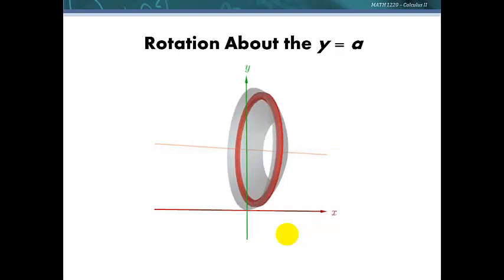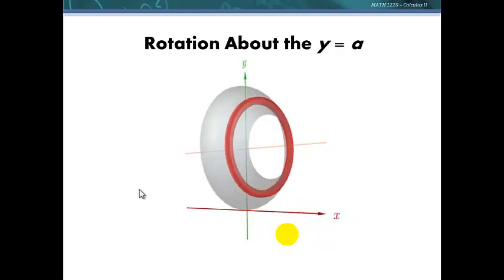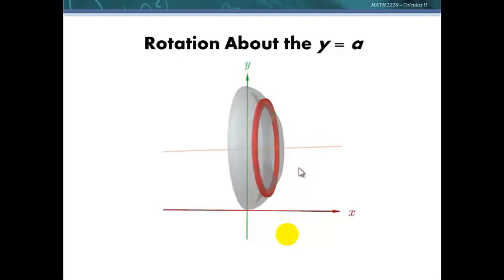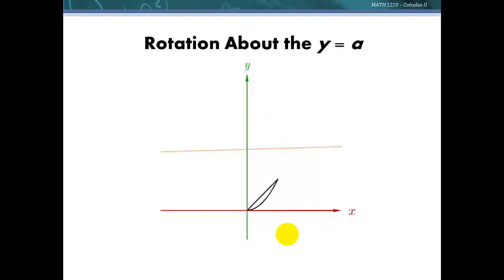But we've got to be careful when expressing the radius of the outside, the capital R, and of the hole, the small r, because they are not simply going to be the function values. This radius is measured from the line y equals a. So it's critical that we draw a sketch and visualize what's going on so that we can find the radius. It basically depends on the sketch, and there will be an example that shows you how to do this.